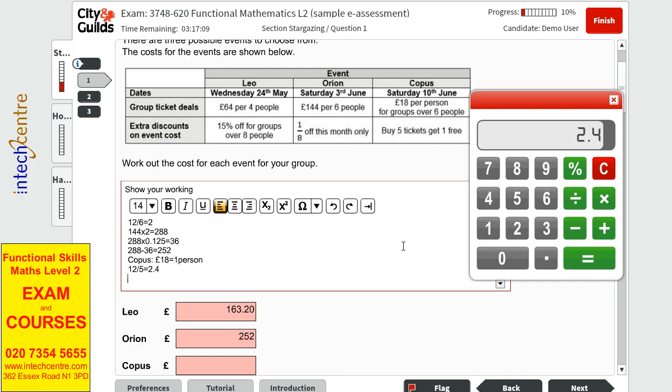This is telling us that we can apply the price of 18 times 10, even though there's 2 groups. So we find the cost of 10 tickets, which is 180, and then we know that 2 will be free, so 2 people are not paying. So this is the price for Corpus.